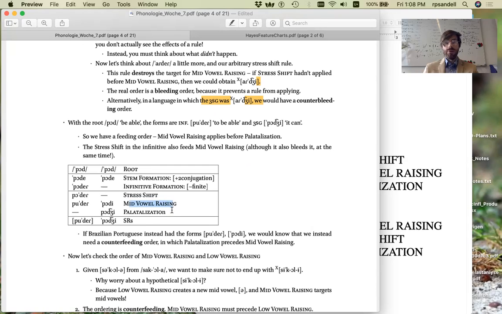Palatalization would have tried to apply too soon, before mid-vowel raising created a vowel e that was necessary for palatalization to be able to apply.